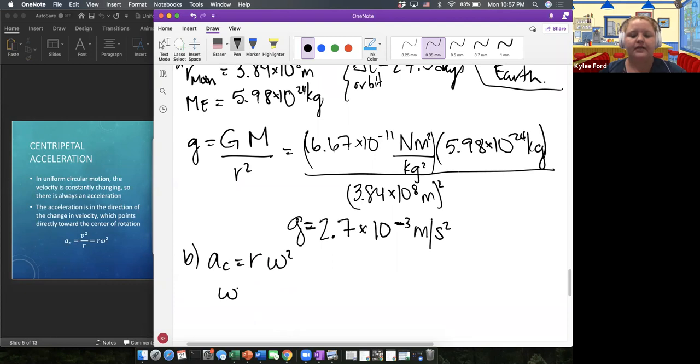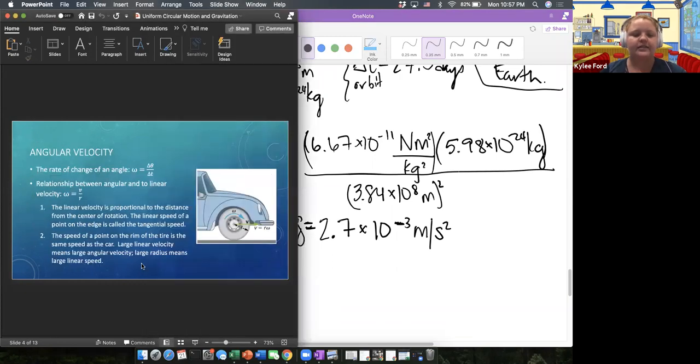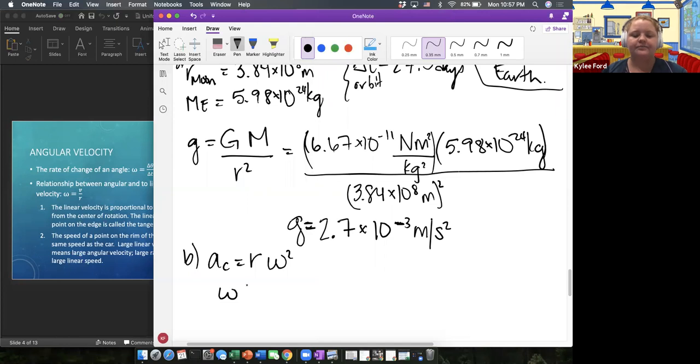All right, so my omega, if we go back, we can calculate it as delta theta over delta t. And if we're looking at one orbit, that is going to be 2 pi radians, right? And we're going to divide that by our time. So how long does it take for the moon to go all the way around, or one orbit around Earth?